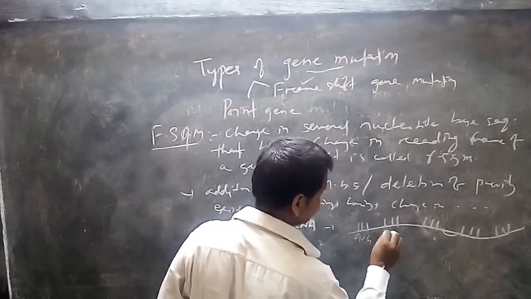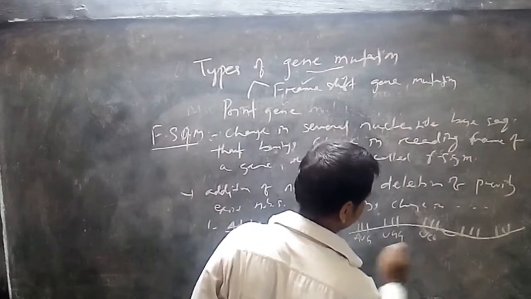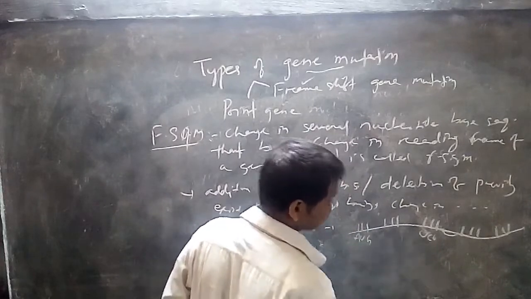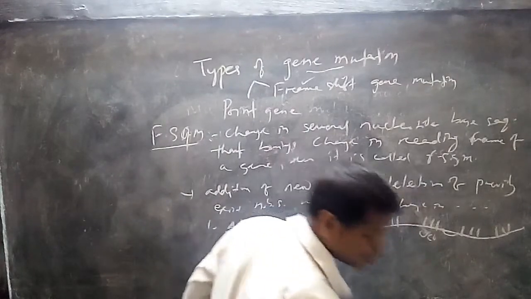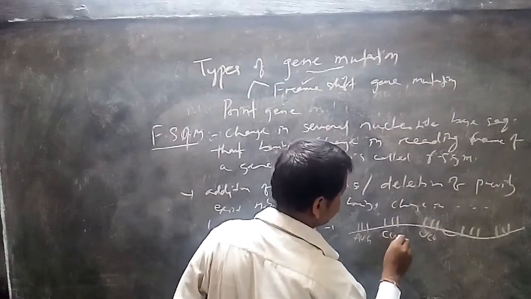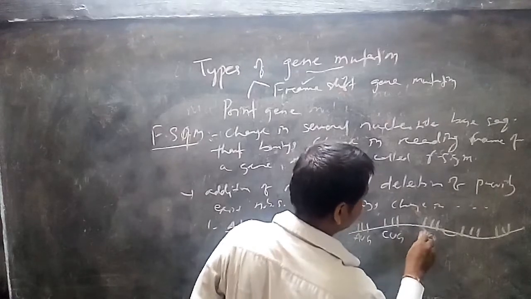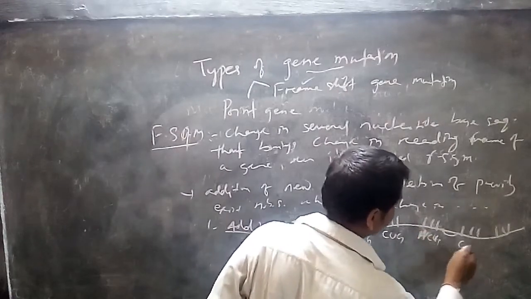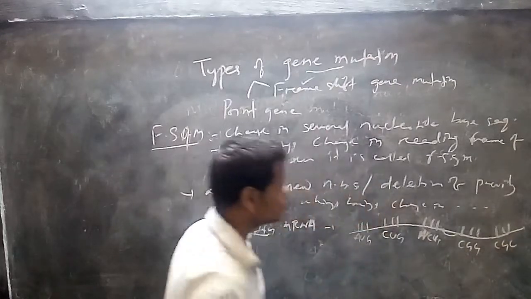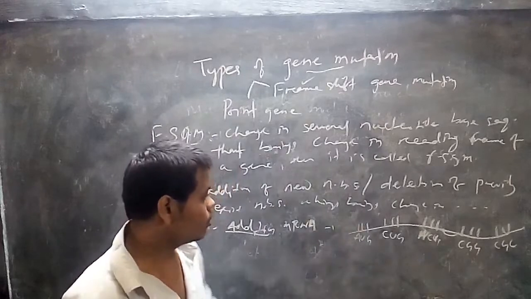Then second codon, suppose UGG. Okay, UGG also no doubt it is a codon. CUG, ACG, CGG, CGC. Suppose this is the sequence of the codon in a mRNA.